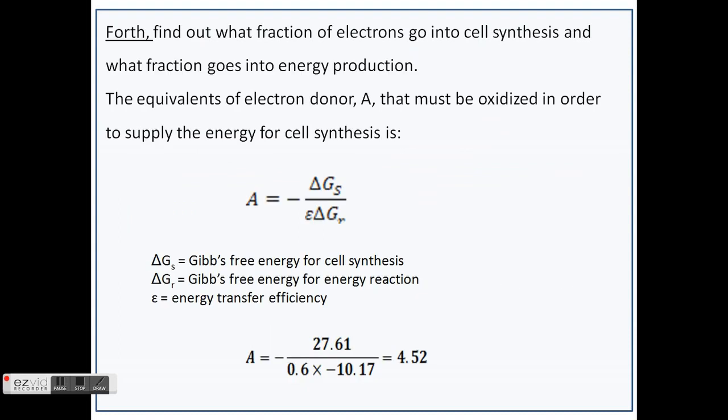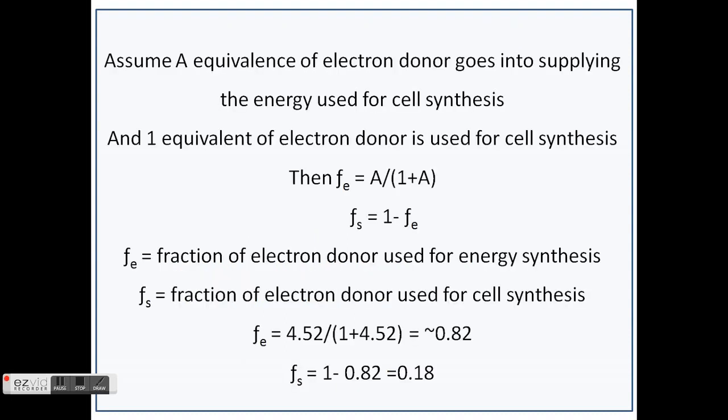Is there anything I'm forgetting to say? So the microorganism would use part of the electron donor to produce cells, and part of that is used to produce energy, a product from which we get our ATP.